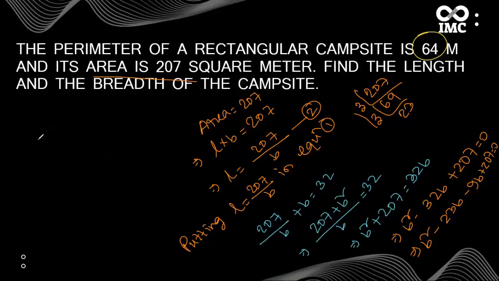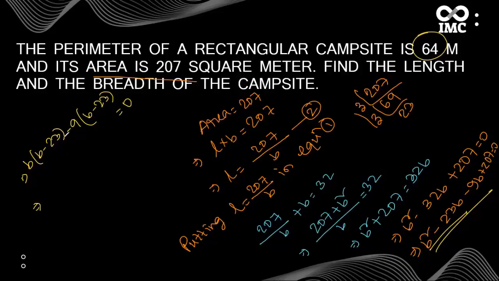Right now, from this equation we can take B as a common factor. So B into (B minus 23). And if we take minus 9 as a common factor, we get minus 9 into (B minus 23) equal to 0.